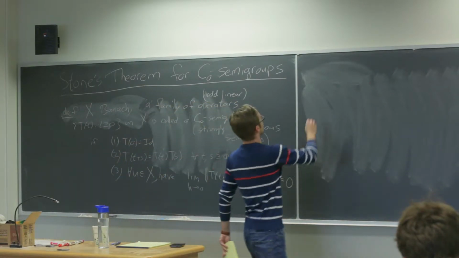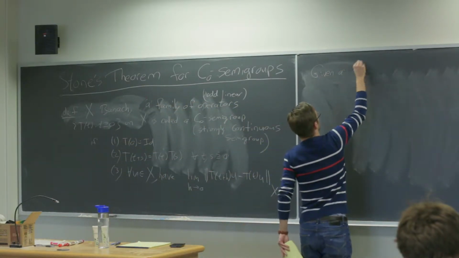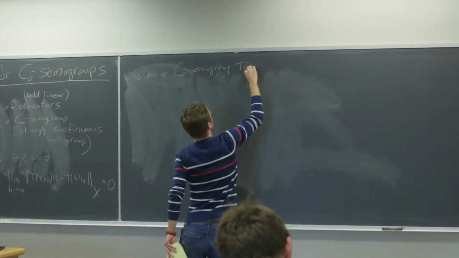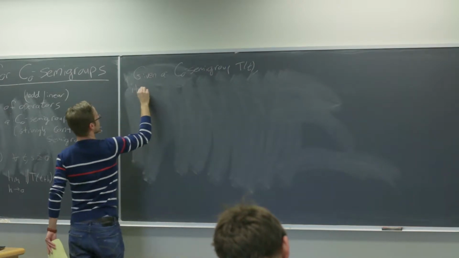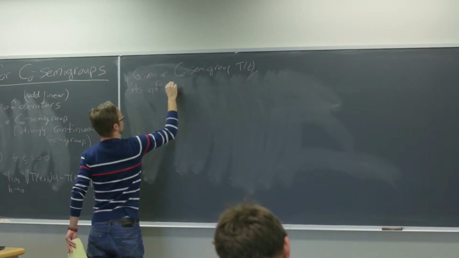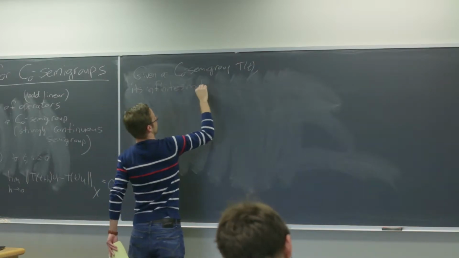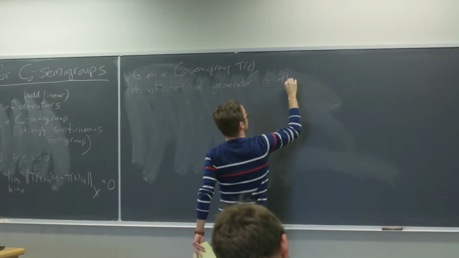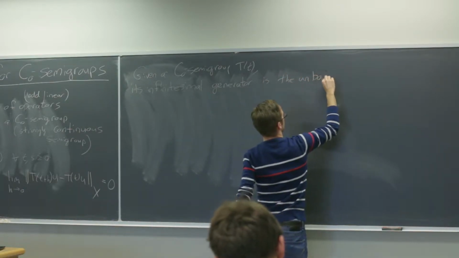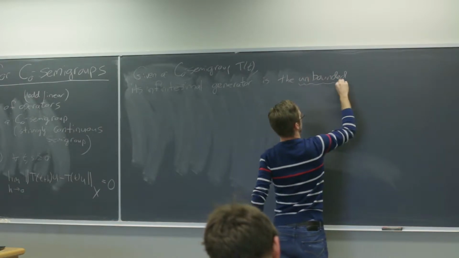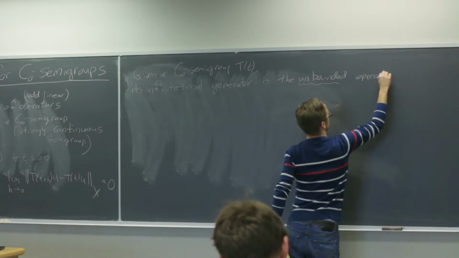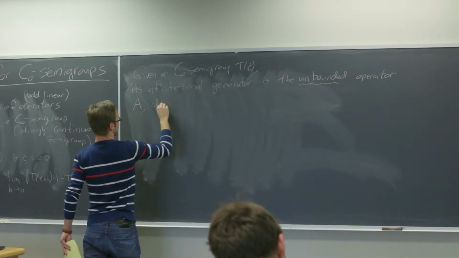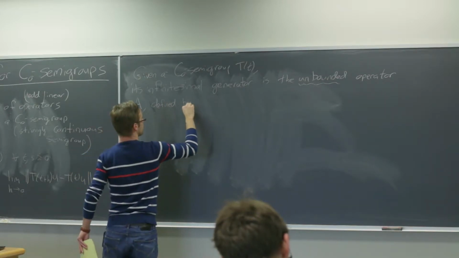So given a strongly continuous semigroup, T of t, its infinitesimal generator is the unbounded operator, let's call it A, defined basically by differentiation.